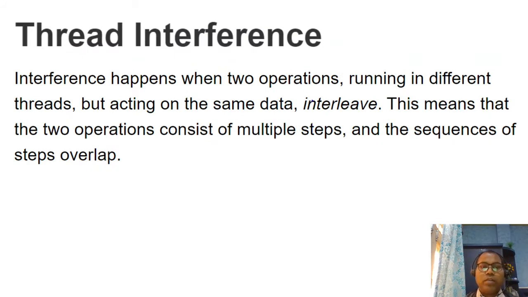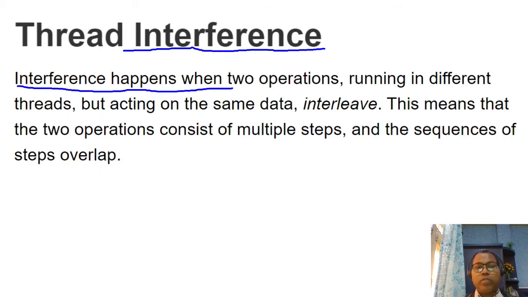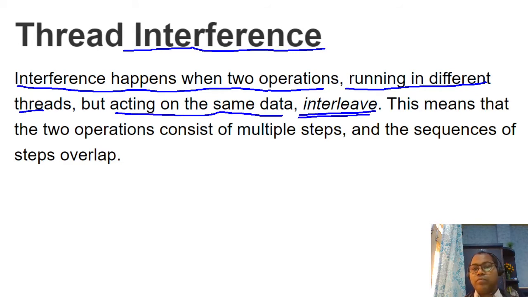Let's first talk about thread interference. Interference happens when two operations running in different threads act on the same data and interleave.